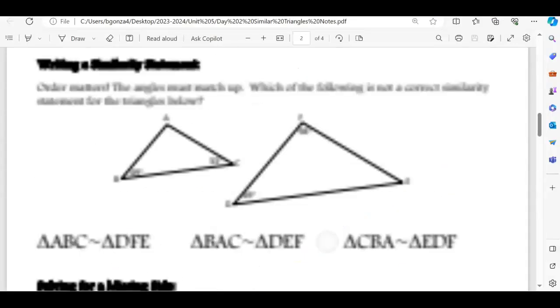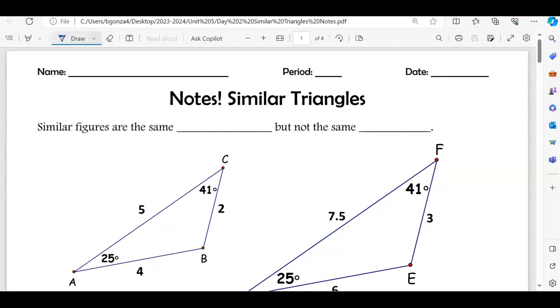All right, so similar triangles, here we are. Similar figures, okay? Do y'all remember in unit 3 or 4, we were talking about congruent? Congruent is the same size and the same shape. Similar is not exactly the same. It is the same in its shape, but it is not the same size.